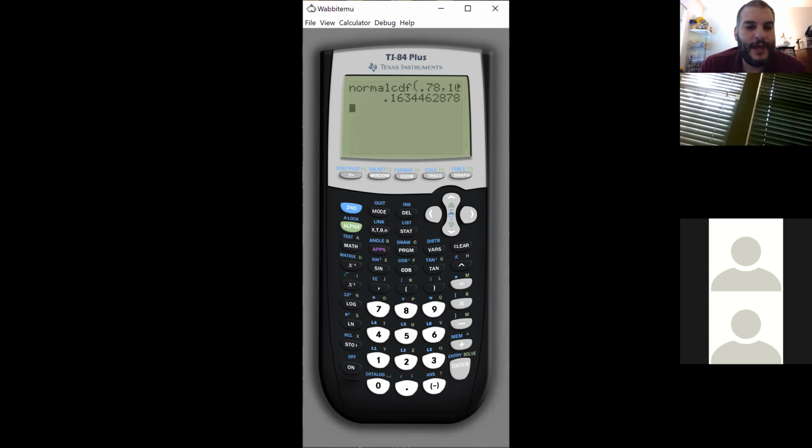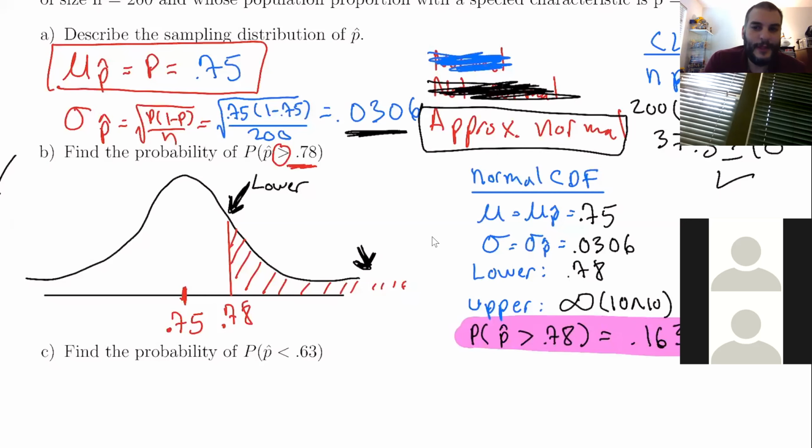Okay, so I'm gonna go ahead and switch over to my notes, so that you can see how I wrote down the answer. All right, so the one highlighted in hot pink is your answer. We're gonna say the probability that a sample proportion will be 0.78 or higher, the likelihood of that occurring is 16.3%.